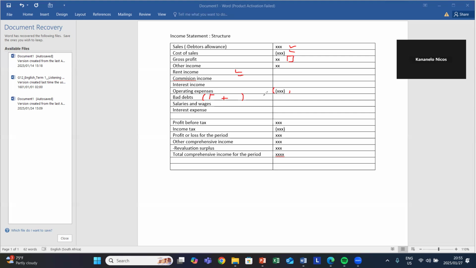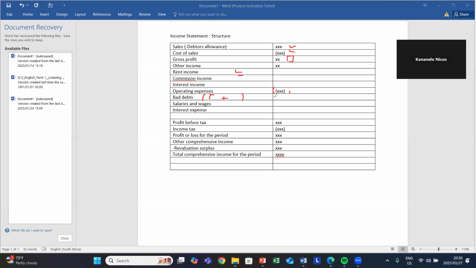And then you get your very initial record date. Also you have your salaries and wages, your interest expense, or your finance cost. You record them there under operating expenses. We have a variety of expenses, of which here we only mention three.